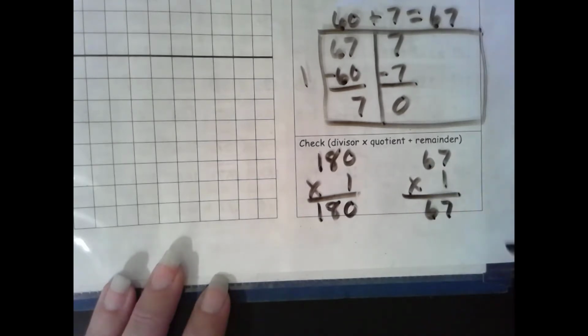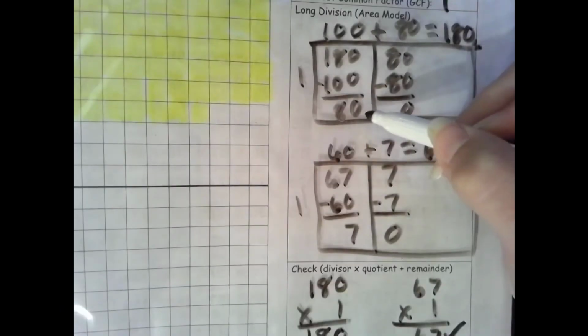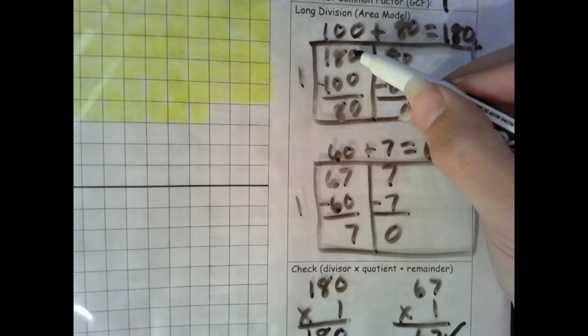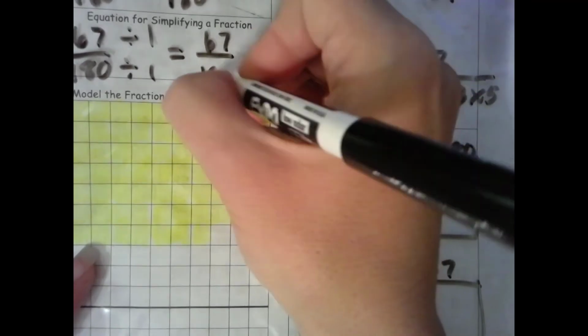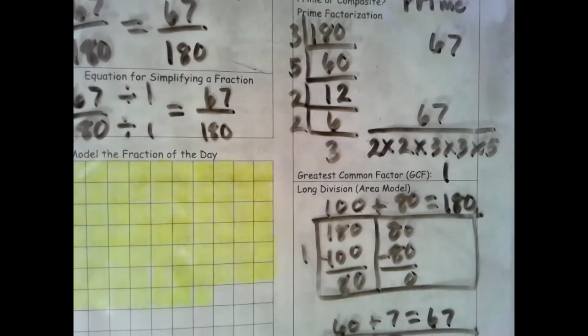Stays the same. So that 67 matches our dividend, check. 180 matches our dividend up here, check. So our numerator is definitely 67, and our denominator is definitely 180.